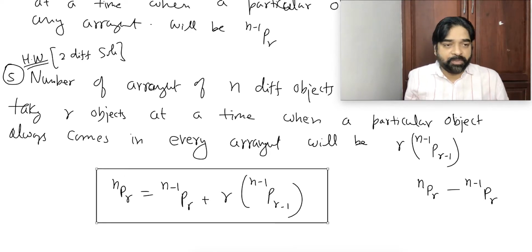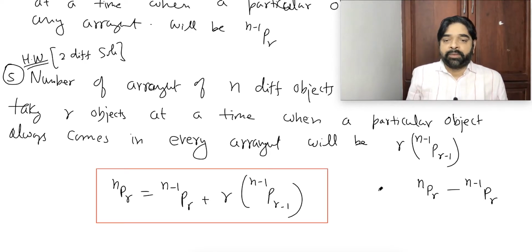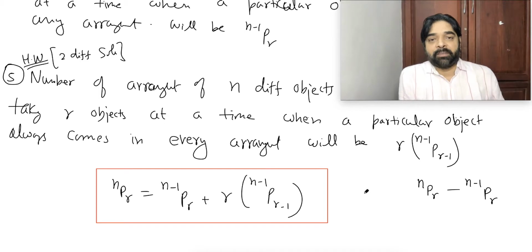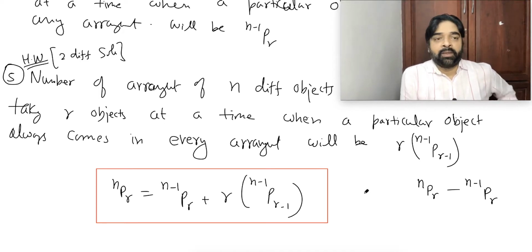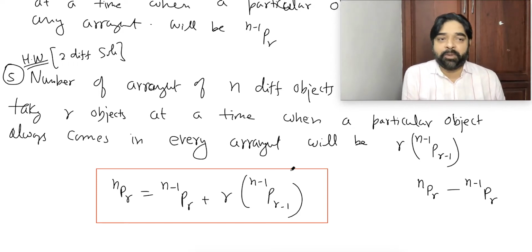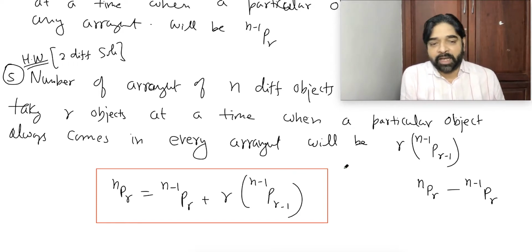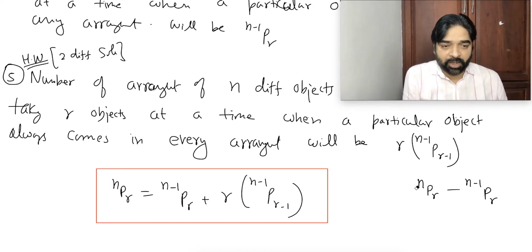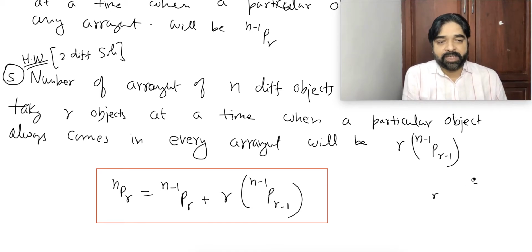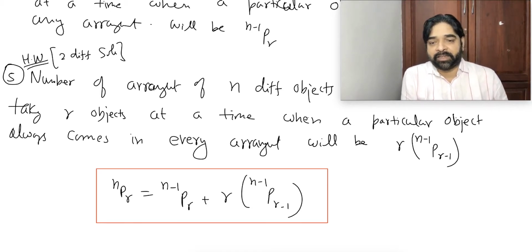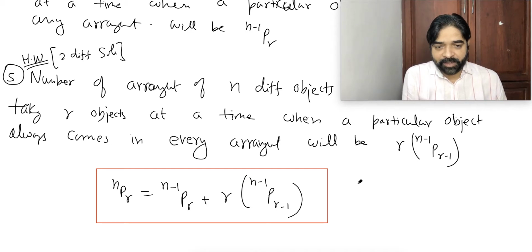Many times in questions we use it. NPR always equals N minus 1 PR plus R into N minus 1 PR minus 1. Right now I proved it by using purely logical mathematics. You can use analytical mathematics to prove this. If you want to prove it without logical mathematics, you can just expand the right side, and you will get the left side. Everybody expand, see if you are getting it or not.